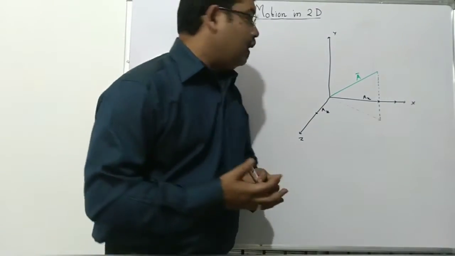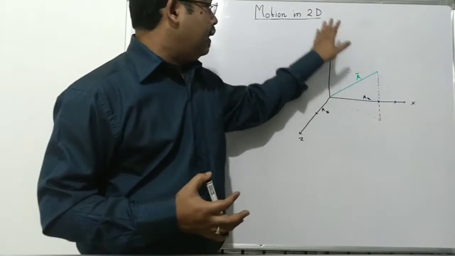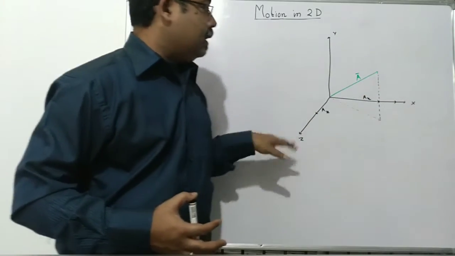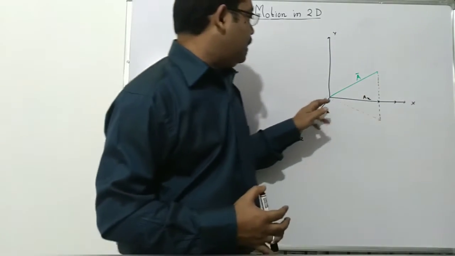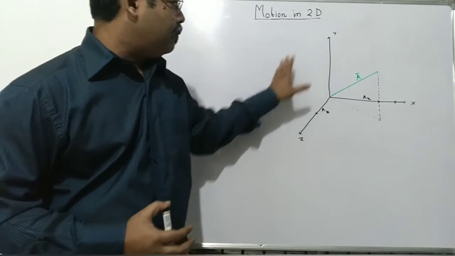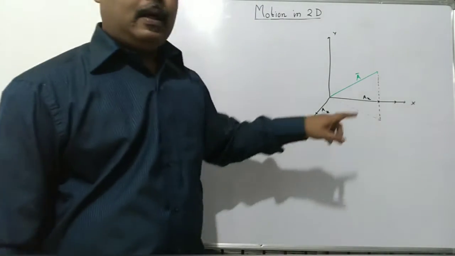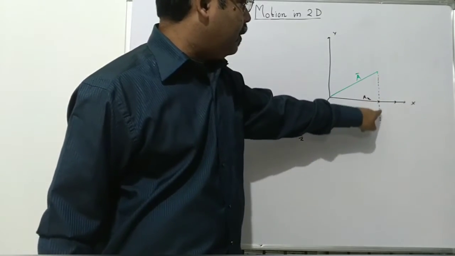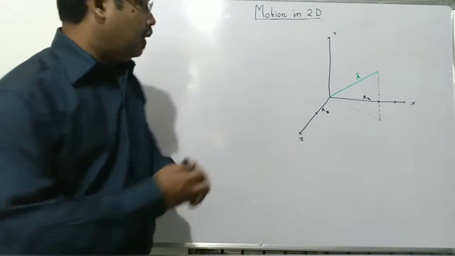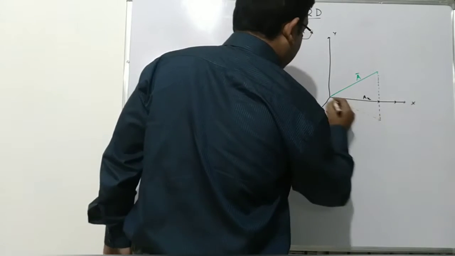Alright, now let us consider a vector A in the 3-dimensional space x, y and z. To find its components, we first take the vector and from the head of the vector, let's drop a perpendicular onto the x-z plane.